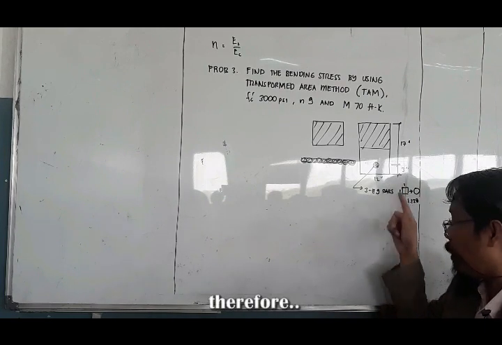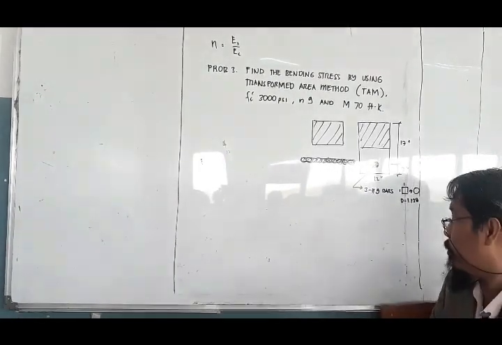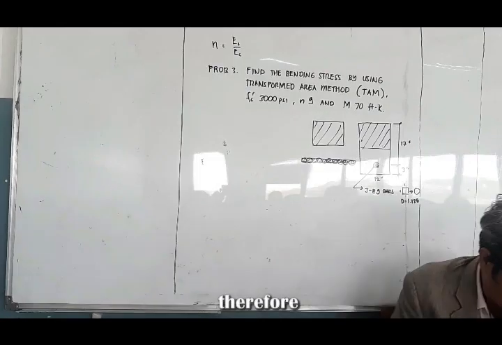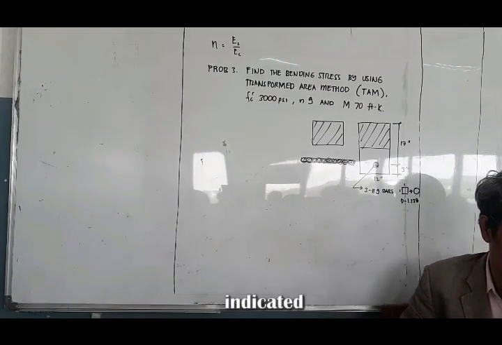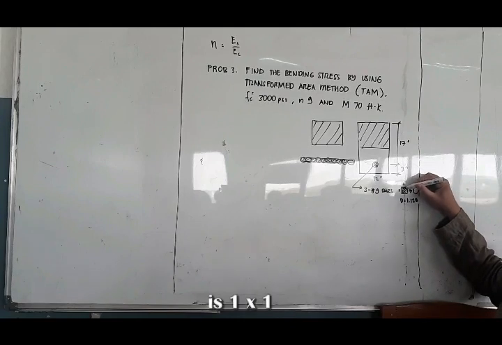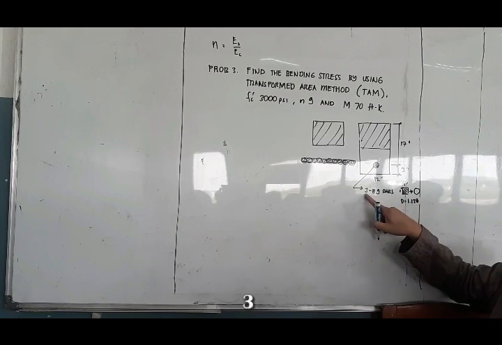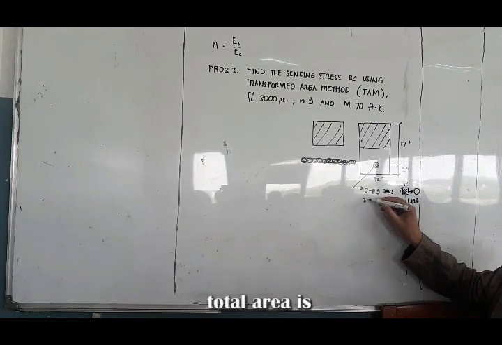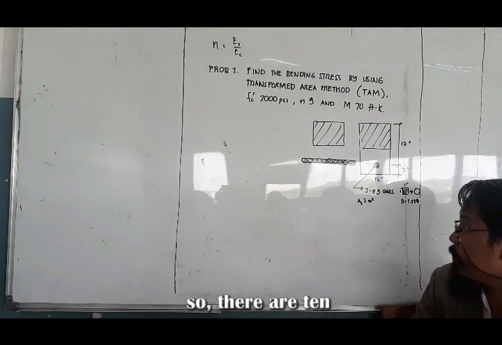So, 3 bars, therefore 3 square inches, as indicated here. Our area is 1 times 1, so the total area of steel is 3 square inches.